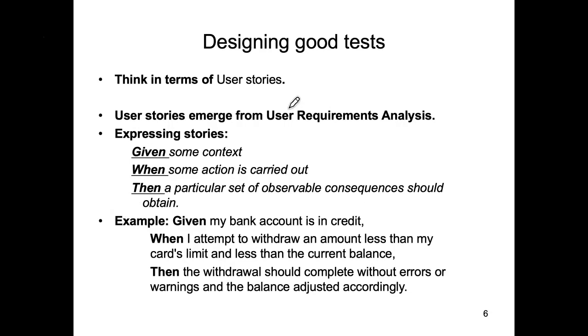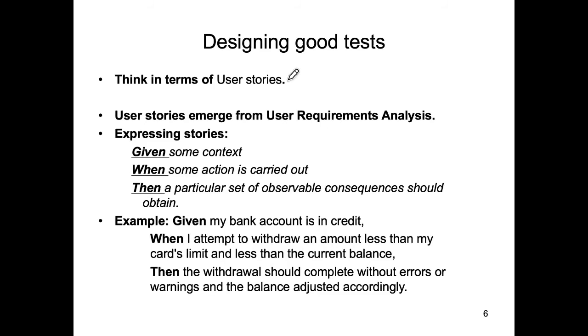As you know, the very first thing you do if you're embarking on developing an application is you talk to the user and you try and extract from the users what requirements they have of the application that they're looking for. And you document those requirements in a document called the user requirements specification. It's felt that a good way of documenting those requirements is by writing these things called user stories.